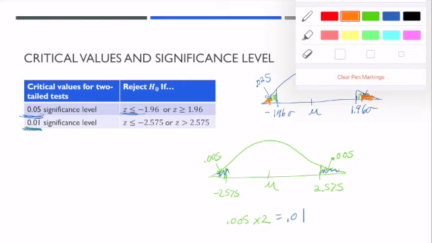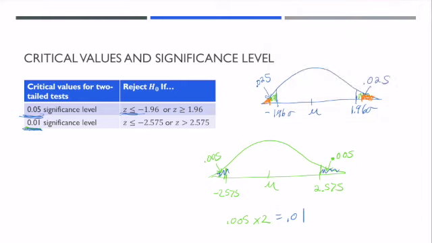If my z-score was greater than negative 1.96 or less than 1.96, then my area is going to be greater, so we do not reject. The same thing holds true for the 0.01 significance level, okay?